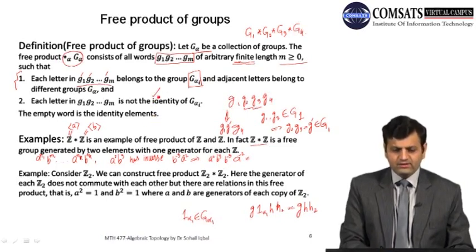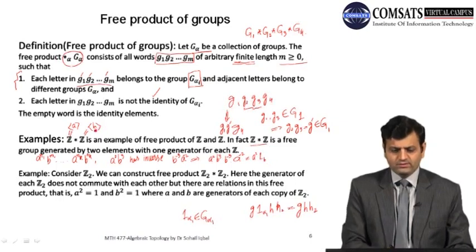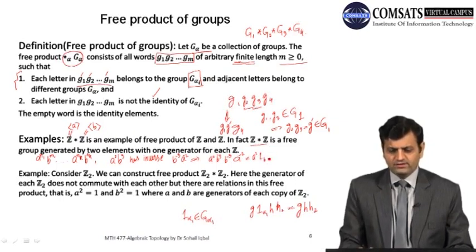If there is identity, delete the identity. So it is basically equal to A squared, identity of B, A raised to power minus 2. This B subscript means the identity of this Z generated by B. If there is identity, just delete it, and we get A squared A raised to power minus 2. Repeating the same discussion, this is equal to identity. And similarly, we can see that when we multiply this element from the other side, we will get the identity.